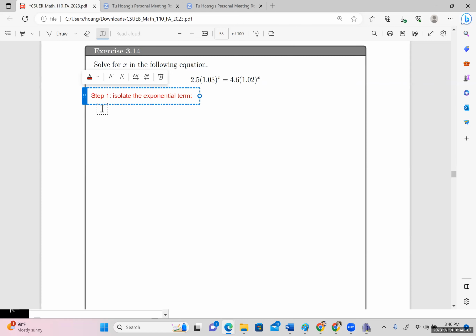I have 2.5 times 1.03 to the x equal to 4.6 times 1.02 to the x, right?